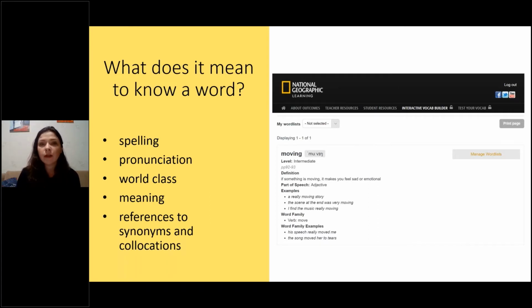So moving here is an adjective, yeah, and the word family is move. His speech really moved me. Again, it's not the meaning that we know from the elementary level.